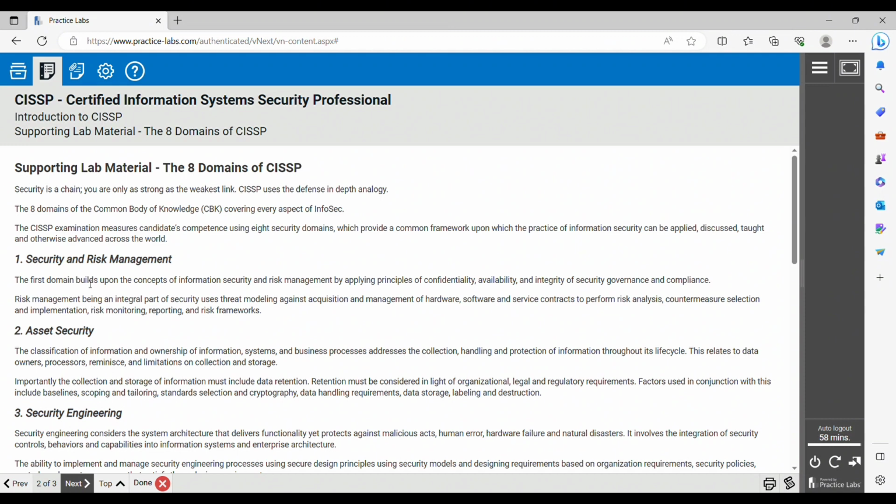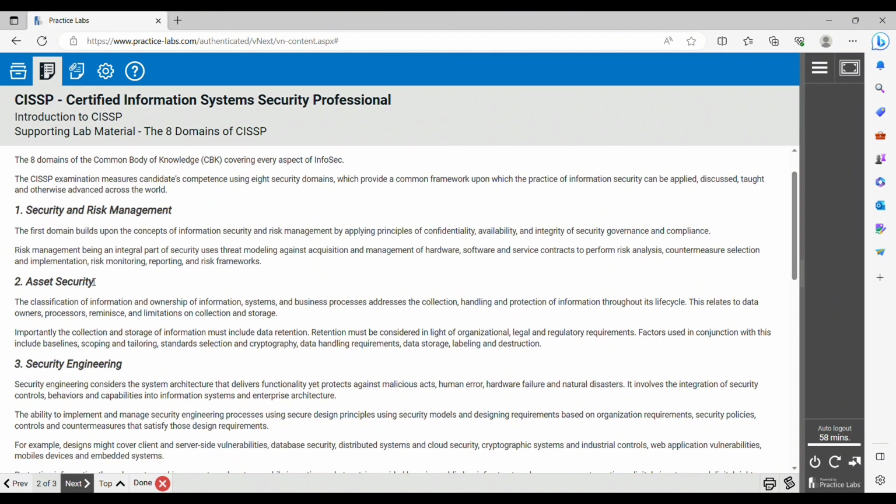Number 1. Security and risk management. The first domain builds upon the concept of information security and risk management by applying principles of confidentiality, availability, and integrity of security, governance, and compliance.